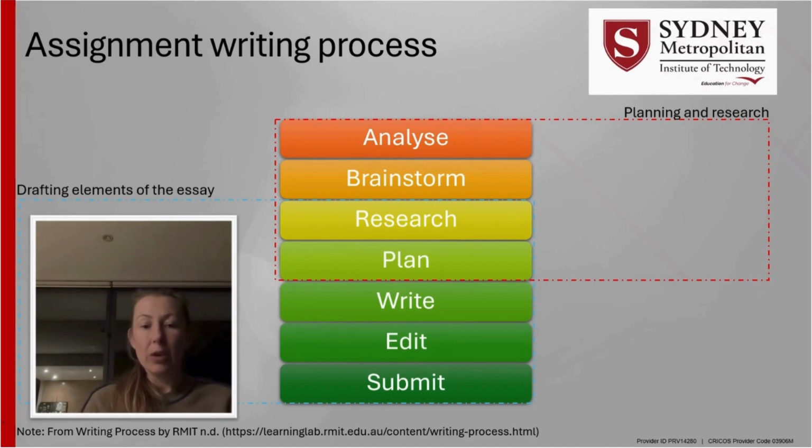Now, then we're moving on to this after we've analysed what is required of us. Then we start to brainstorm a response. So what is it that we already know about what we are going to be writing about? And hopefully within your lectures and your required readings, you already have a foundational understanding of what you are going to be writing about.